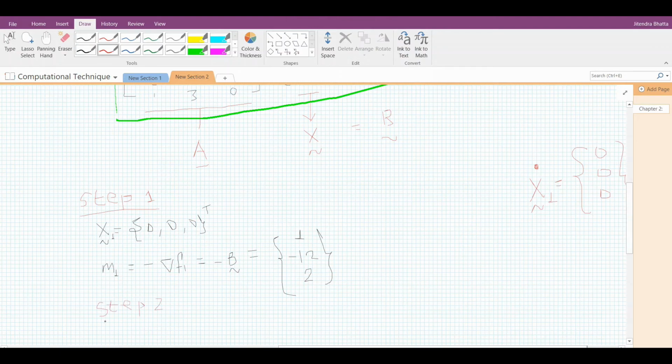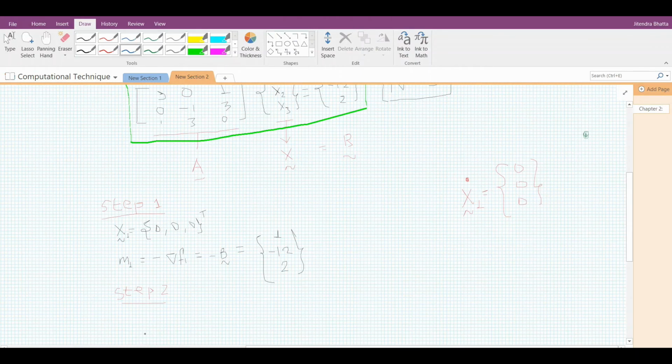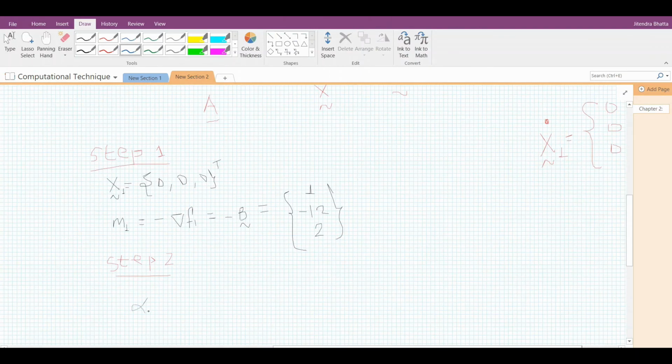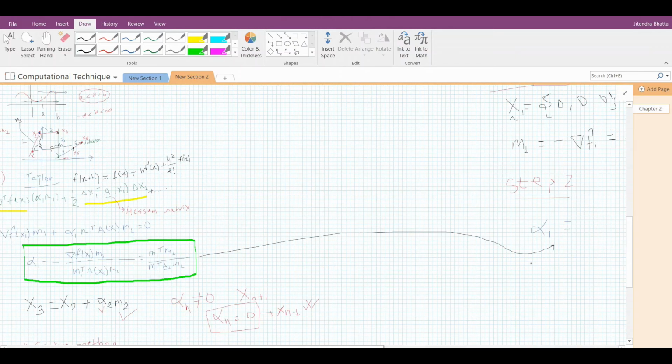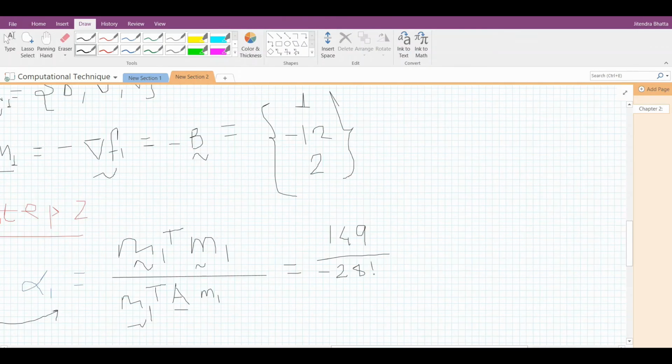Step 2 is to find our step. Our step is alpha 1, so we write here, and this will equal to minus 0.5302.